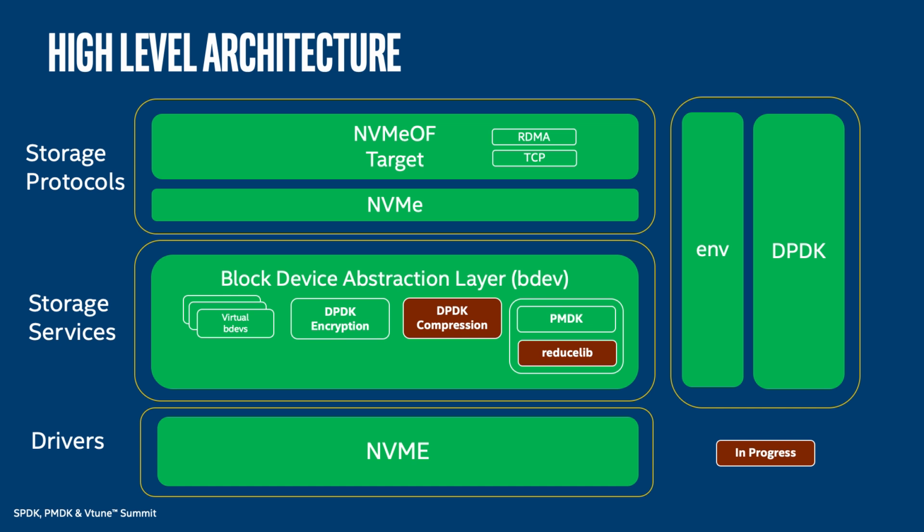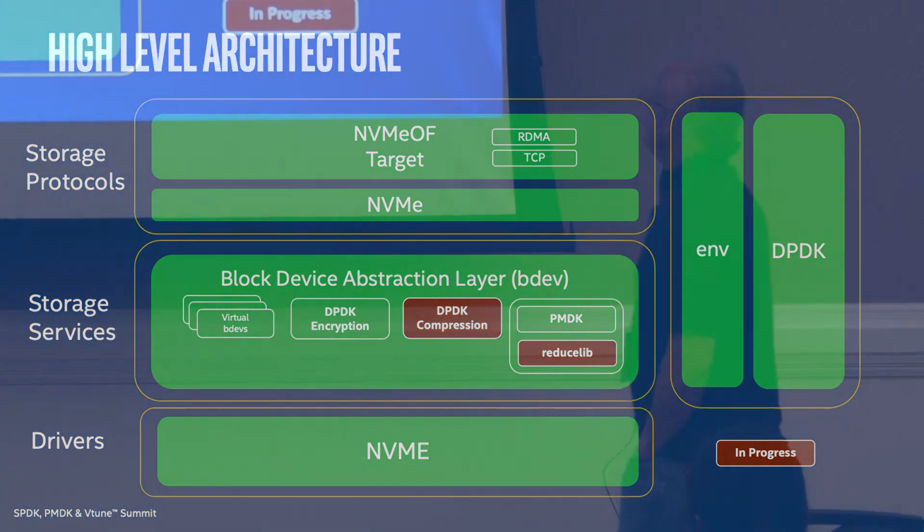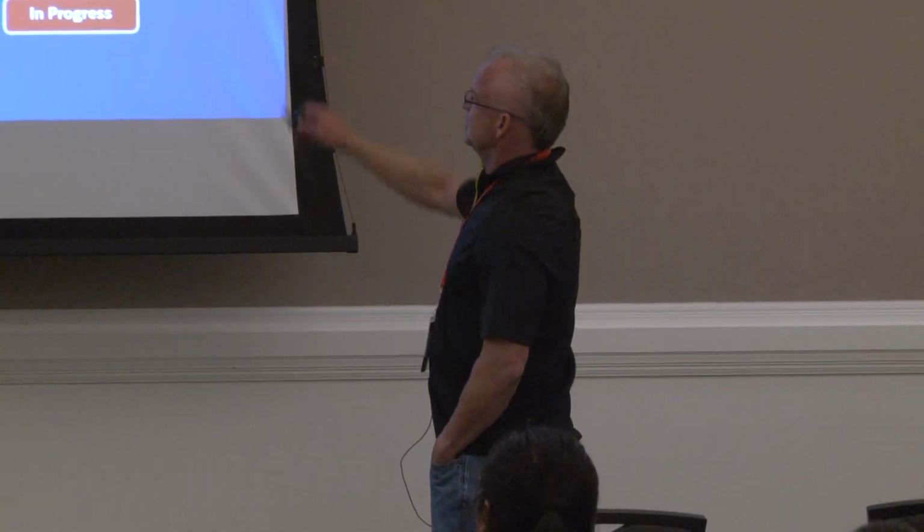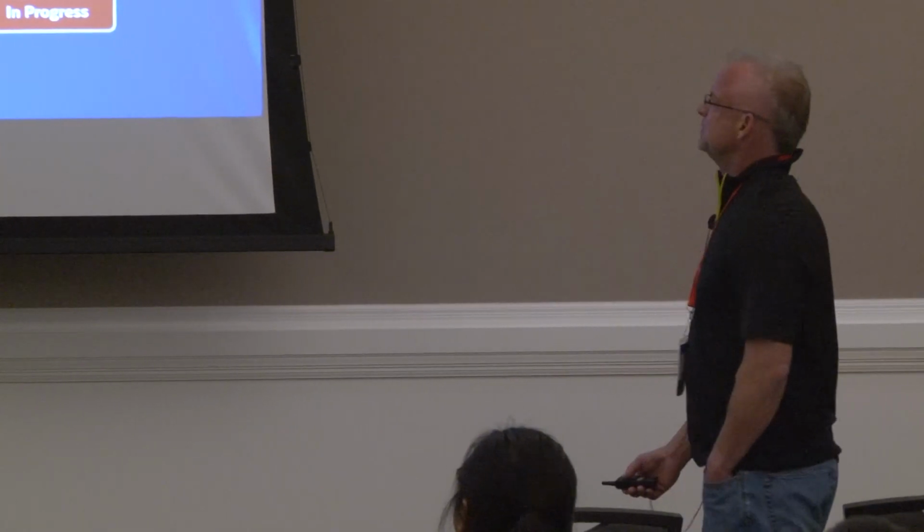This actually needs persistent memory, and Jim will get into why that is shortly. And then, of course, NVMe down beneath. Now, because we use DPDK for a bunch of stuff, you can see we've got our environment abstraction and DPDK there as well. So that's kind of the main talking points for the compression talk, as well as the crypto.